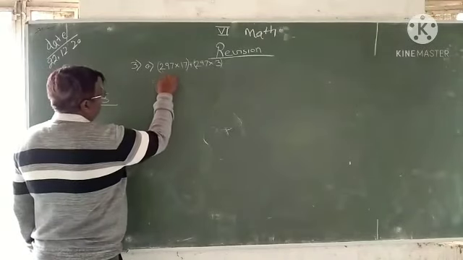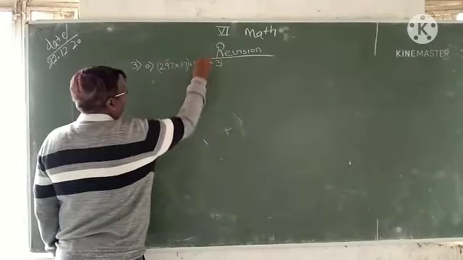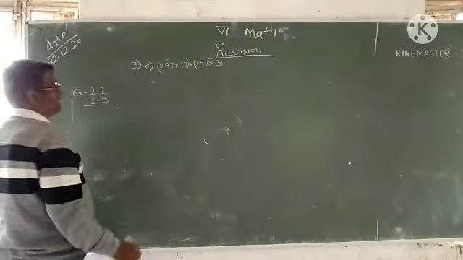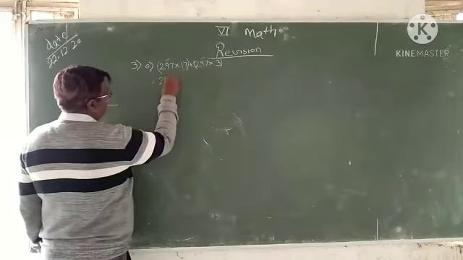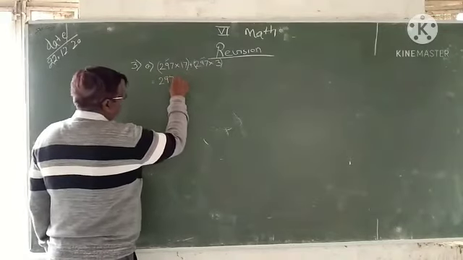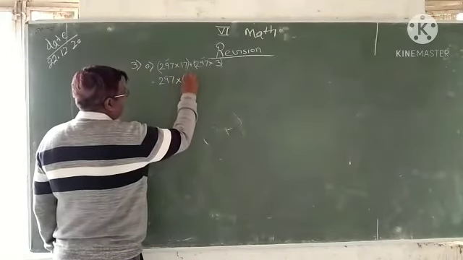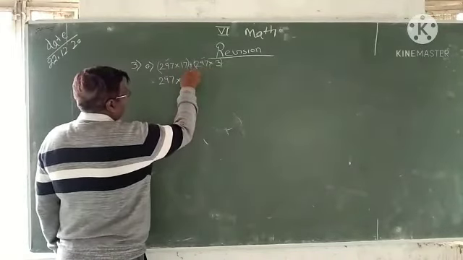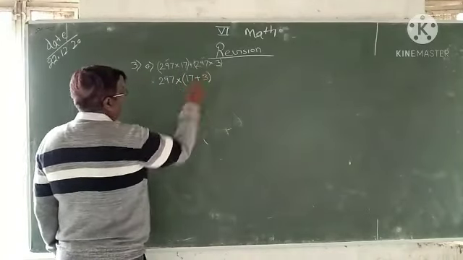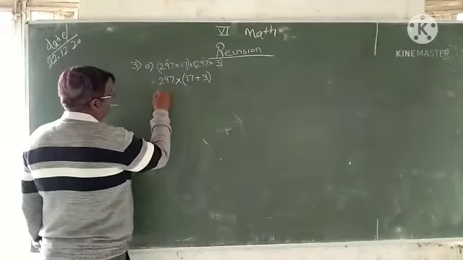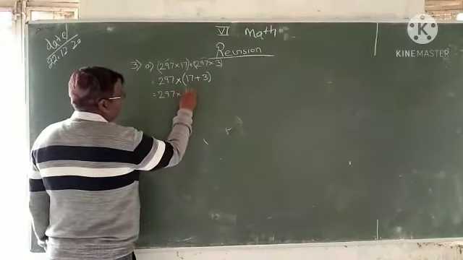What we can do, we find over here that 297 is similar in both the cases. So write 297 over here, then multiply it by 17, and over here we have a plus sign, put a plus and 3, then it becomes 297 into 20.